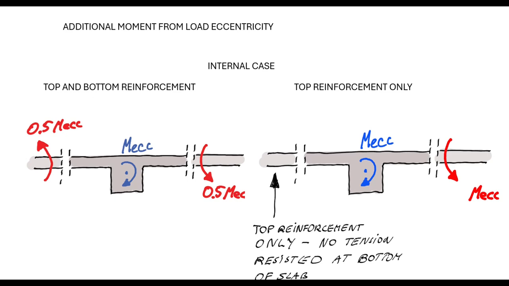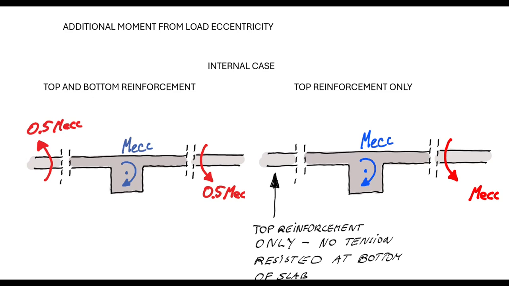However, when we have top reinforcement only, this is the case on the right side, only one slab can transfer moment. This one where we have top reinforcement, and tension from bending moment will occur at the top of the slab.